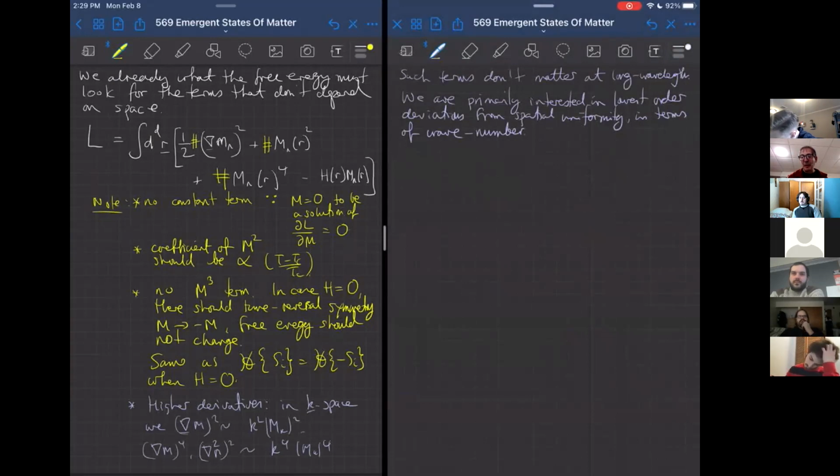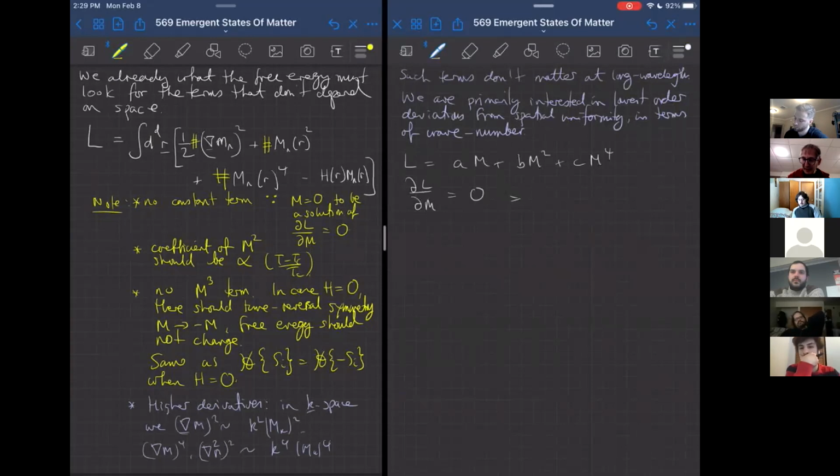Okay. So if there was, then if I look for the solution dL by dm equal to 0, imagine that I put, for example, L equal to a m plus b m squared plus c m to the fourth. Now I want dL by dm to be equal to 0.